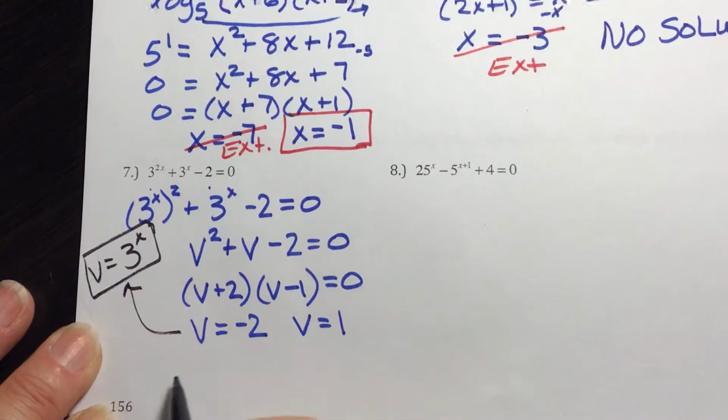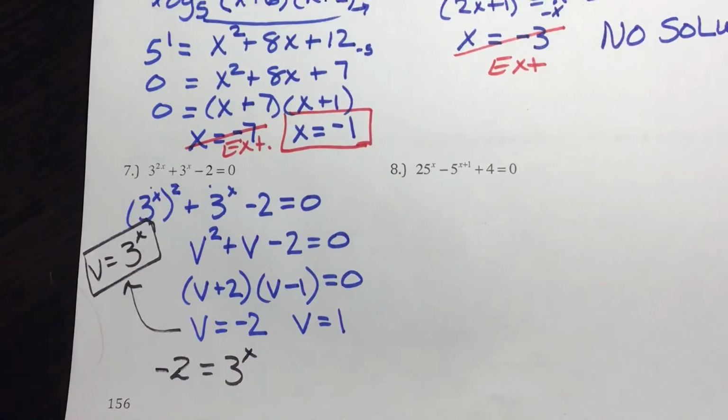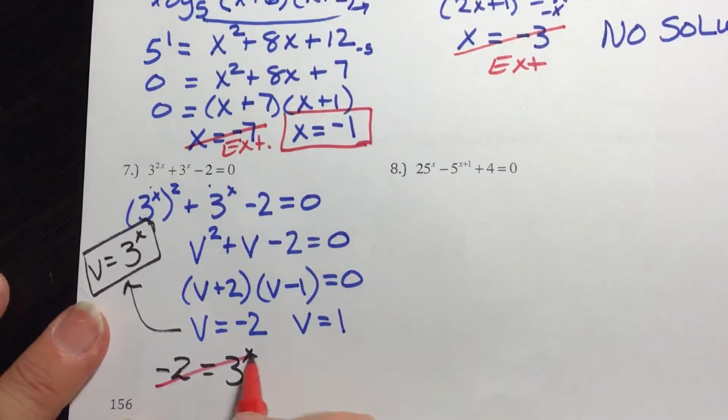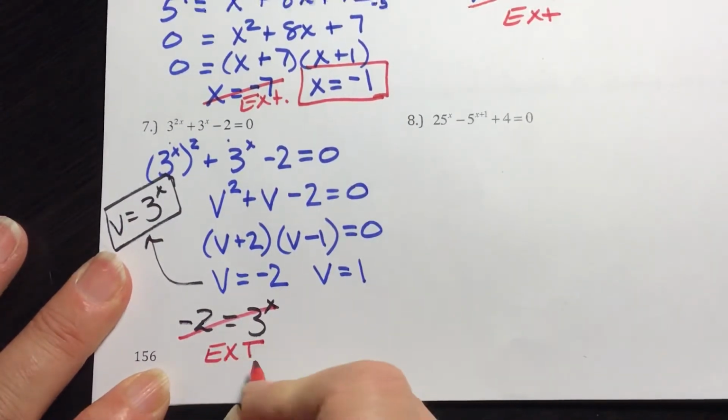Negative 2 equals 3 to the x power. From the couple examples that we've done in class, we should remember that 3 to any power is always going to be greater than 0. So I cannot get negative 2 as a solution. I'm going to cross that out and say it's extraneous.